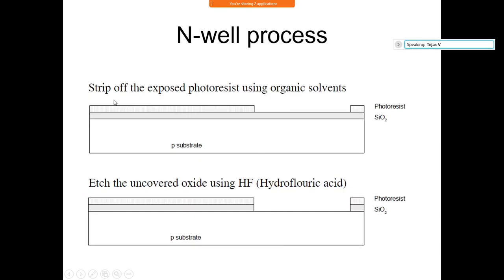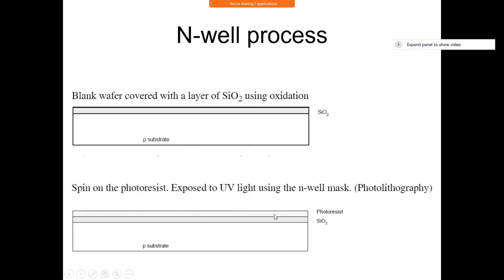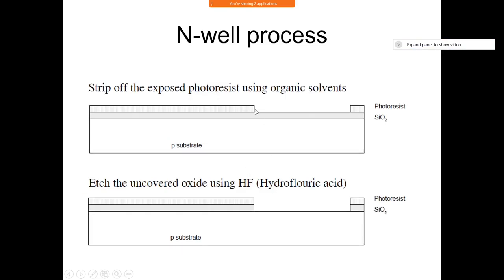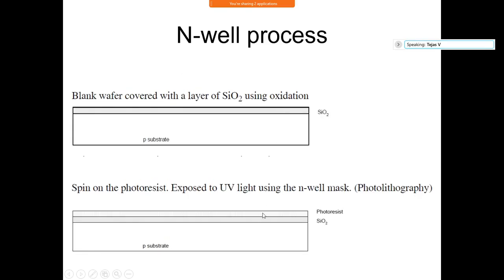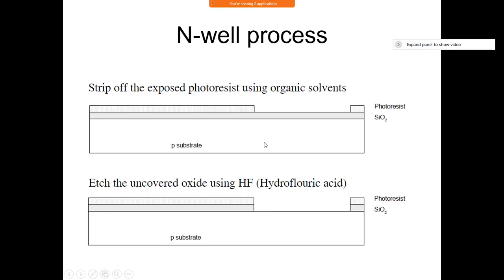See now, between the previous stage and this stage, what all process has taken place? Sir, up to etching. Etching of what? Just give me the process from here to here. Sir, first deposition of N-well.